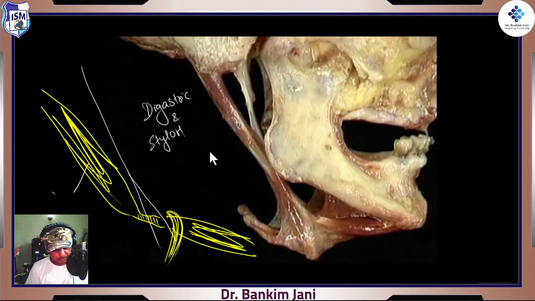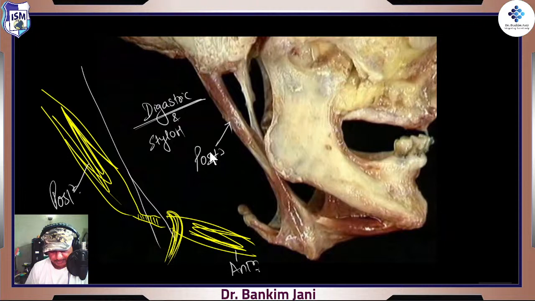So this one would be the posterior belly, and this one would be the anterior belly. We are talking about the digastric muscle. Where is it? Here it is. The posterior belly. This one is the anterior belly, right, of digastric.